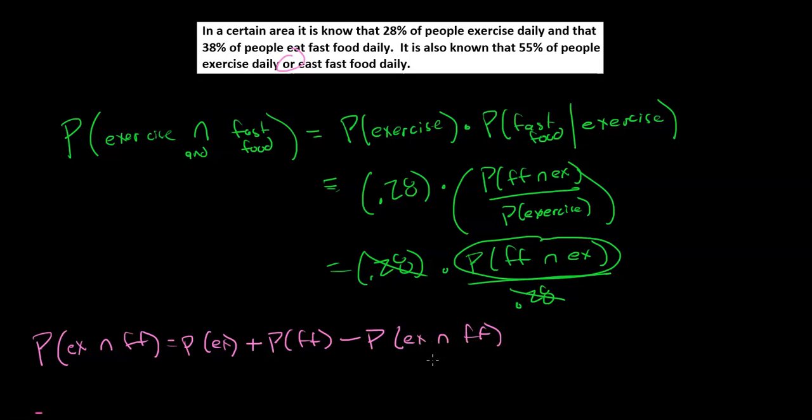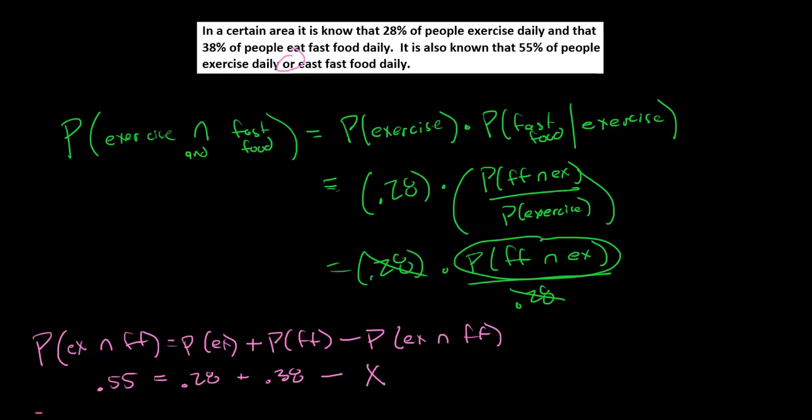Wait a minute. Of the 4 things here, I know 3 of them, which means I could solve. So the probability of exercise or fast food, we know is 55%. Probability you exercise, 28%. Probability that you eat fast food, 38%. Minus, well, I'm going to put a big X right there because I don't know what the probability of exercising and fast food is. That's what I'm looking for, and now I could solve.